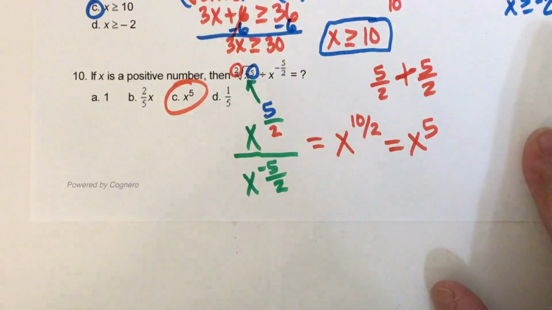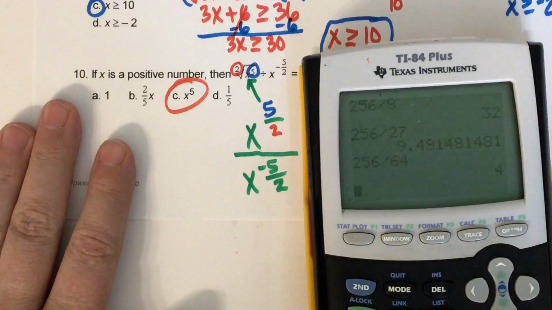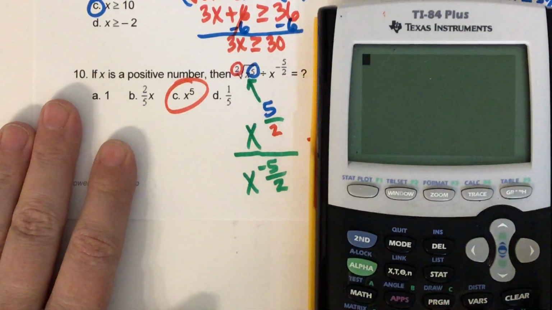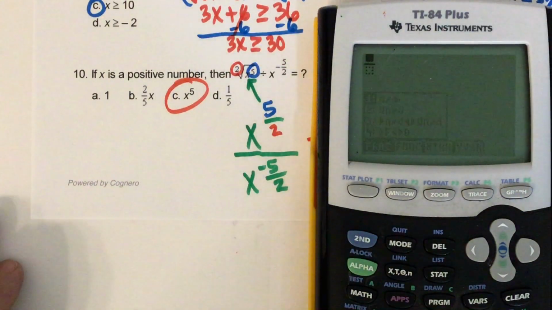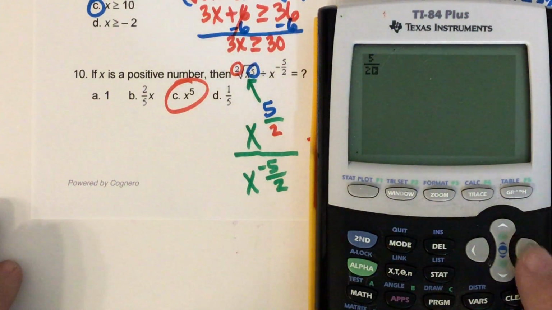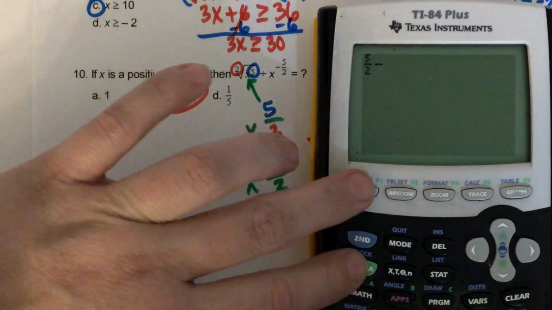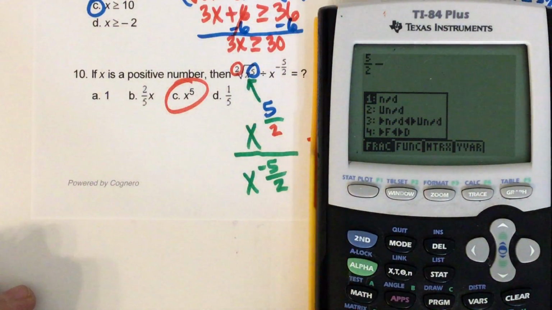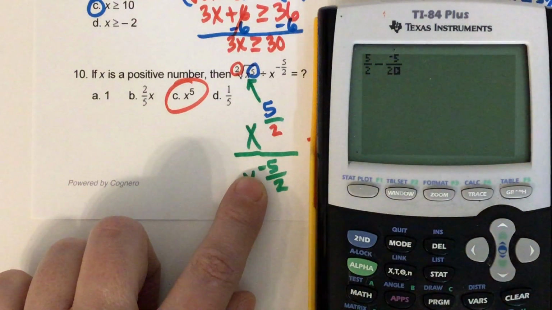And if you needed me to subtract in my calculator, I can do that too. Okay, so I'm going to go alpha y equals, hit enter, 5 on top, arrow down, 2 on bottom, right arrow out of it, minus alpha y equals again, hit enter, and then negative 5, arrow down, 2.